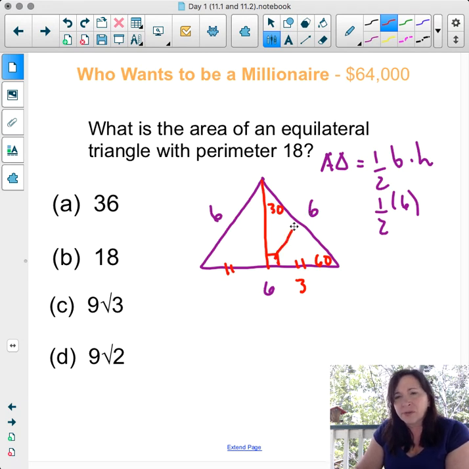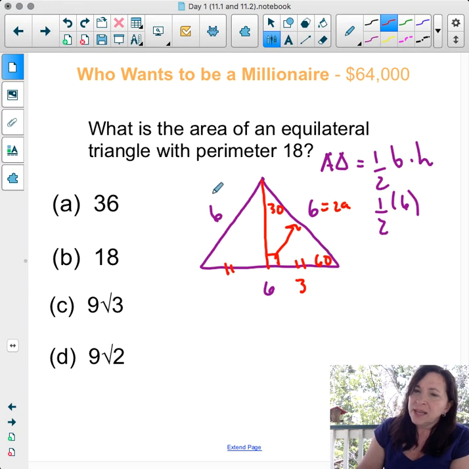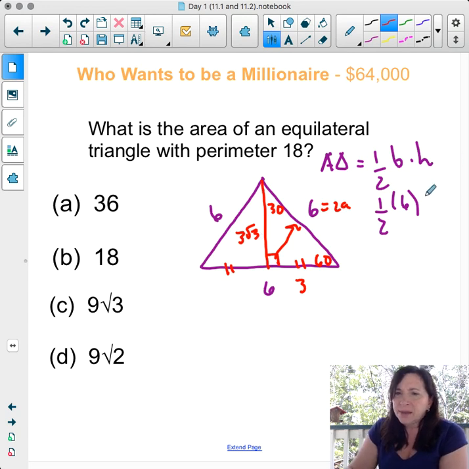So I know across from my 90 is equal to 2a, which means that a is 3, which we know across from the 30, and across from the 60 is a root 3. So this would be 3 root 3. And so my height is 3 root 3. And so I'm multiplying all these values together right here.